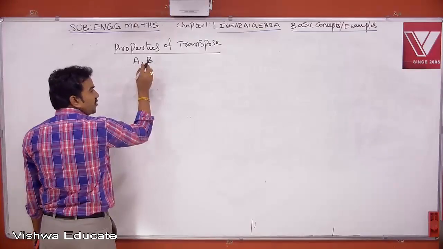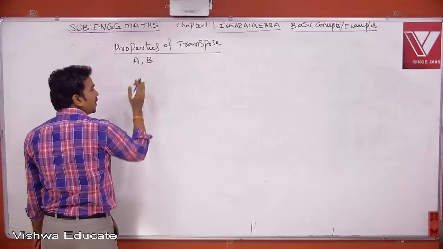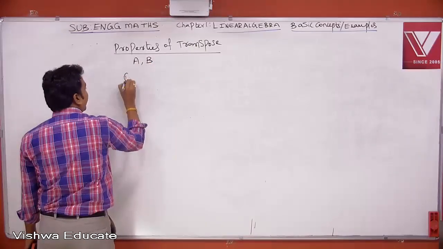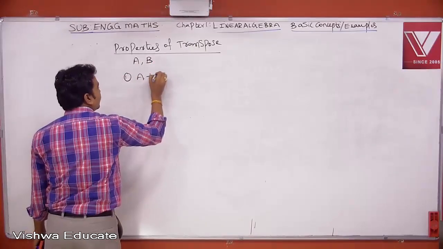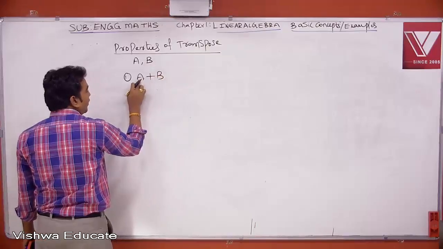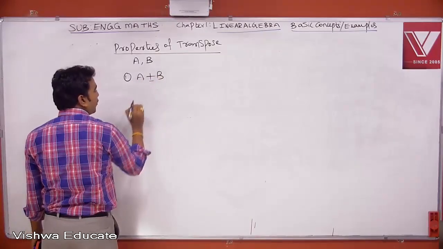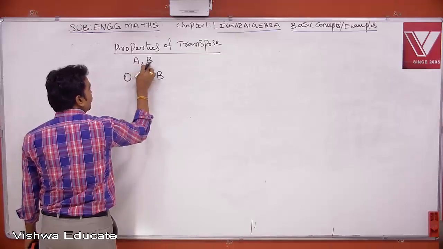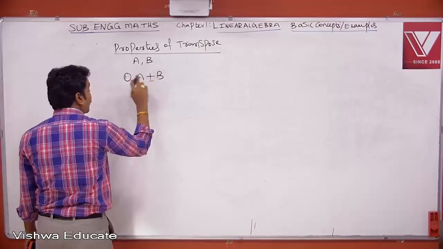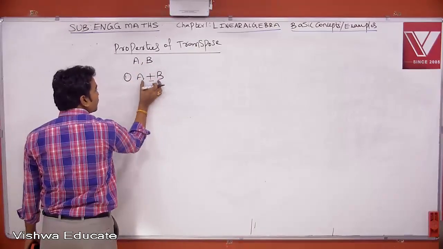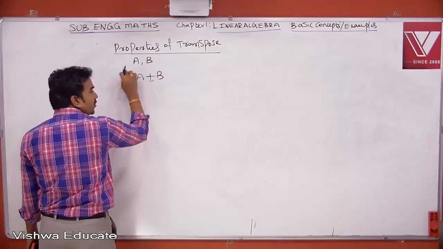Now, when I add 2 matrices, I will get another matrix of the same size. So, regarding addition, both must have the same size. Now, I am adding matrix B with A, so the size of A and B must be the same. The same case is valid for minus also. So, A and B are 2 matrices of the same size. Both can be square or rectangular, but the same size, at least for the first property.